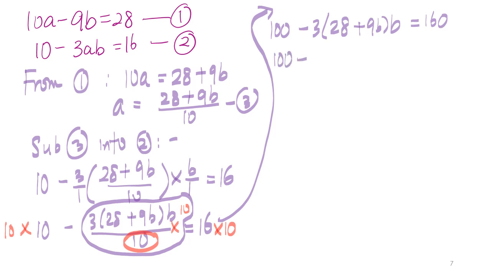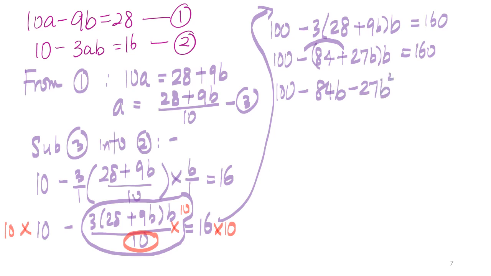Simplify further. So 28 times 3 will give us 84. 9 times 3 is 27b. Alright, we're going to expand further. That will give us 84b. Now be careful, plus come negative gives me a negative, so that gives us negative 27b squared.